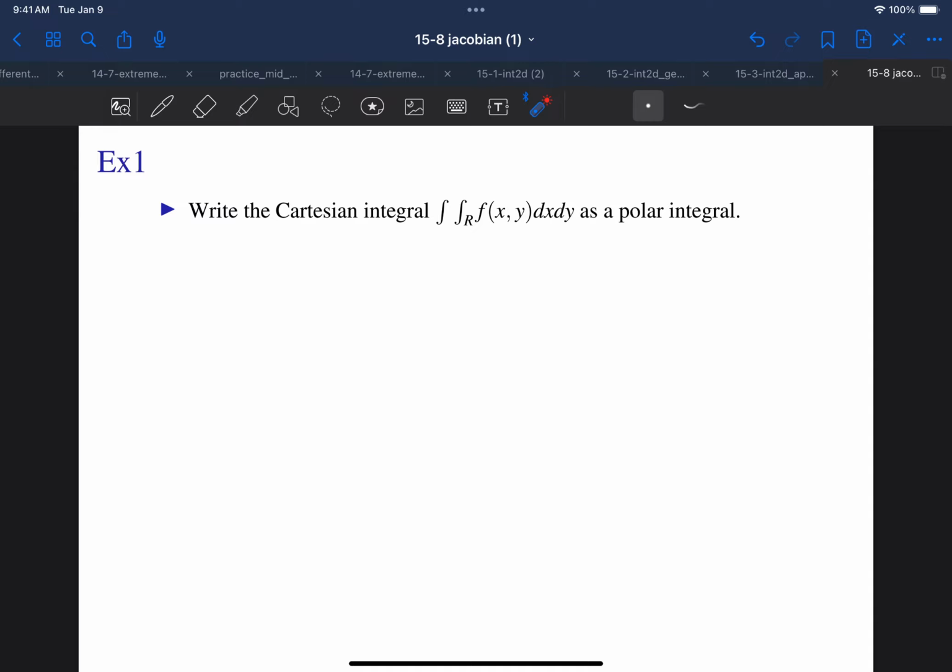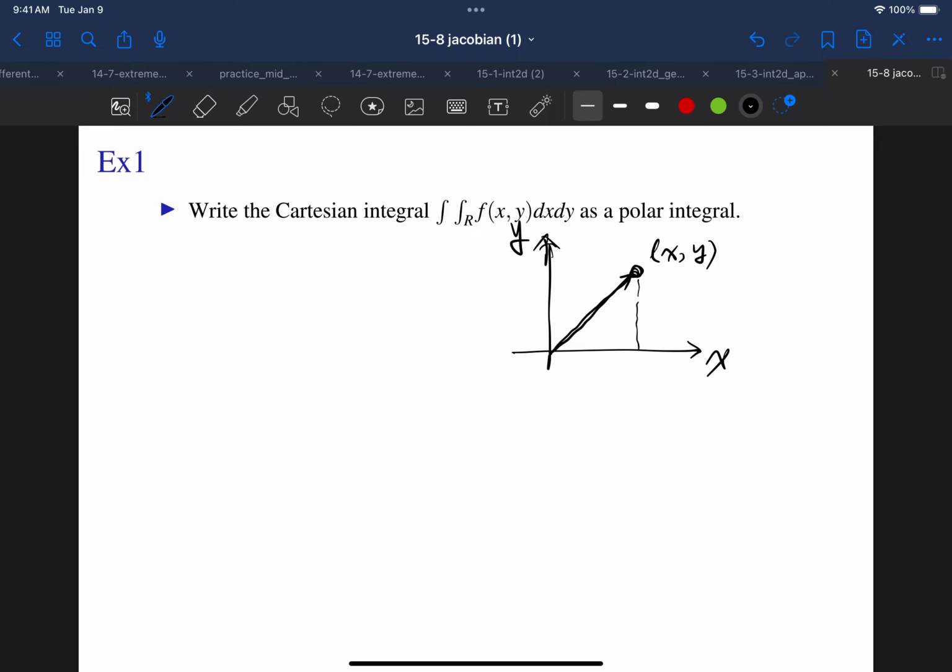Then any point in the two-dimensional plane can be written either as xy, where x is the x coordinate and y is the y coordinate, or as a polar coordinate, which is rho theta.